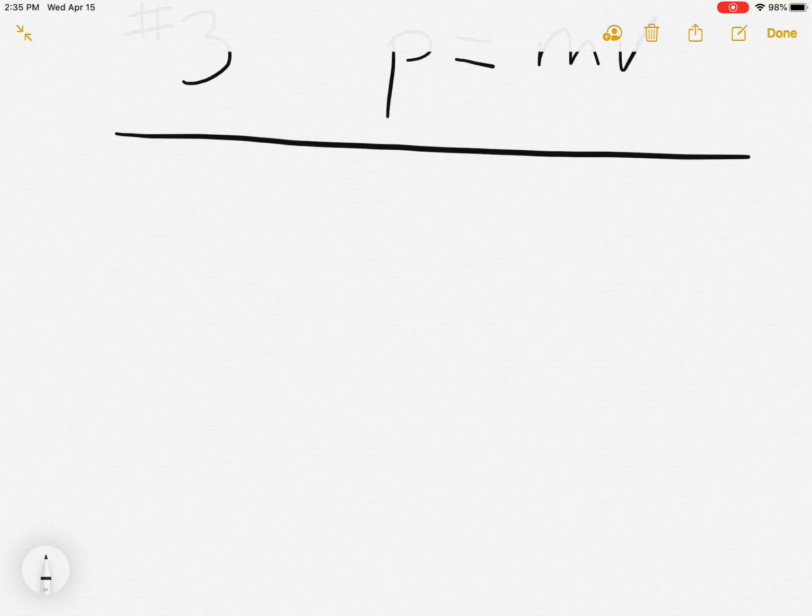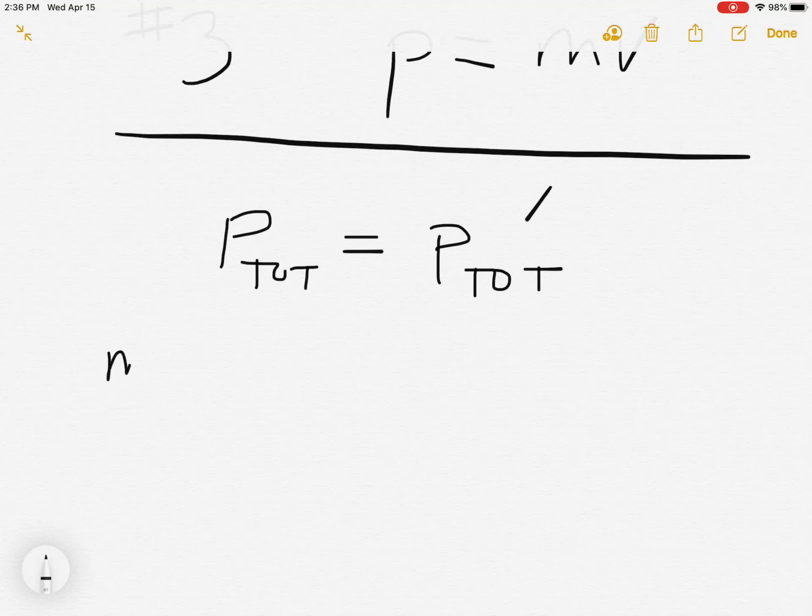Level 2, things get a little bit trickier because we have to think about reference frames. So here we have two balls, and there's going to be a collision. The way we handle collisions is by using the law of conservation of momentum. Hopefully you've watched the videos. P total before equals P total after. We use the prime sign for after.